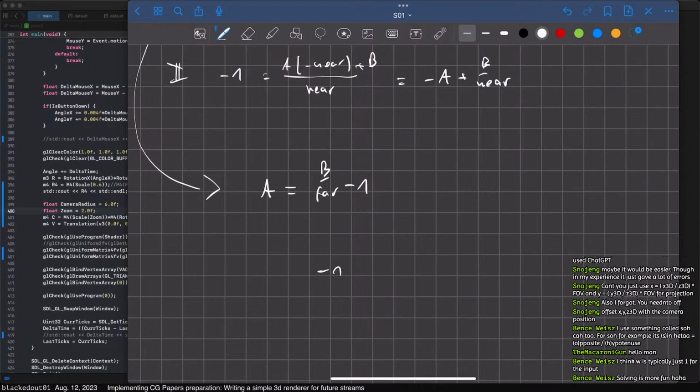Okay. I mean, I just hope it isn't boring. So minus 1 is equal to, if we insert a here, minus b divided, and I potentially make a lot of errors. So let's not make errors here. So this is minus b divided by far, and then plus 1 plus b divided by near.